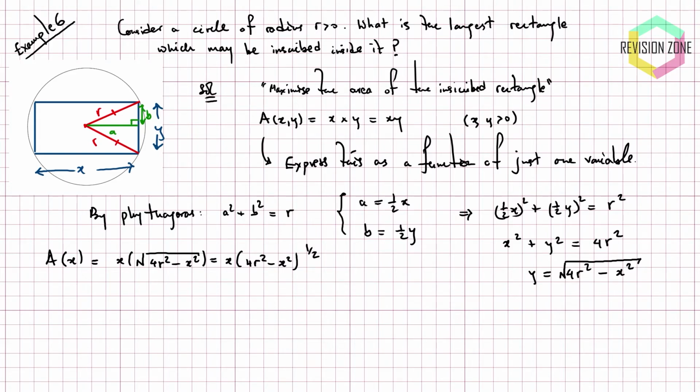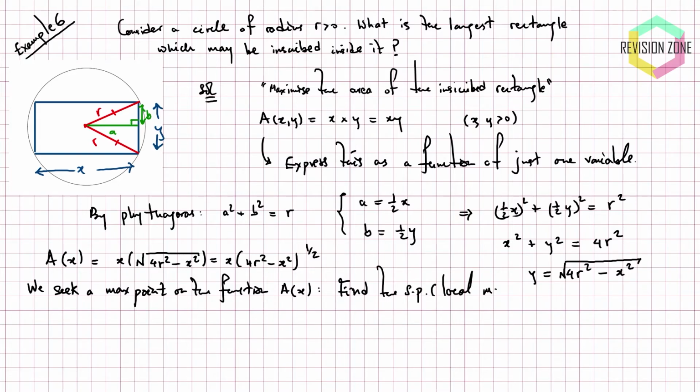Okay, since we want a maximum, we seek a maximum point on the function A of x, so we're going to find the stationary point, which is obviously going to be a local max. We do that by differentiating A and setting it equal to 0.